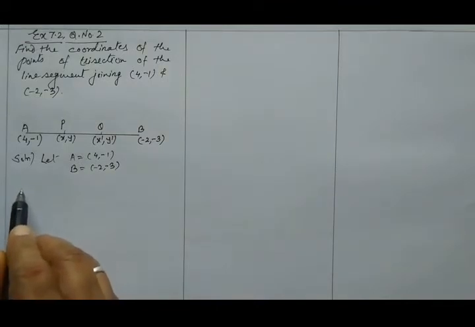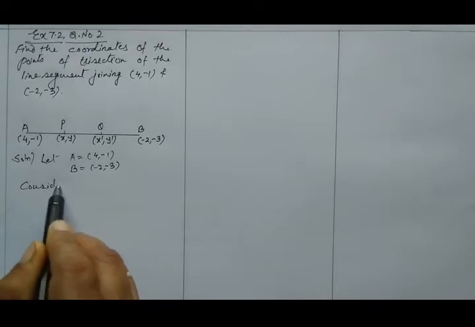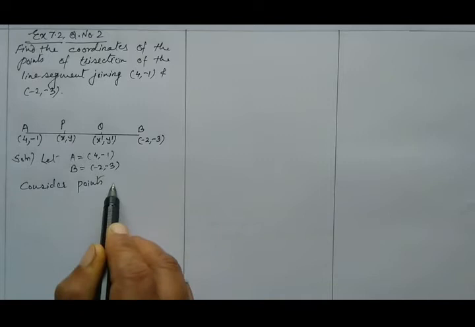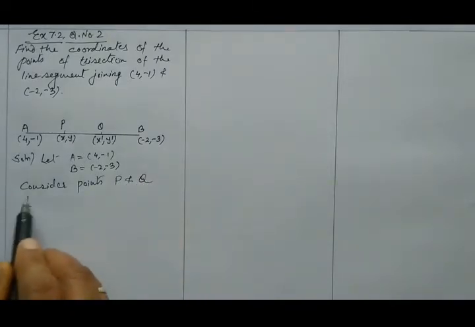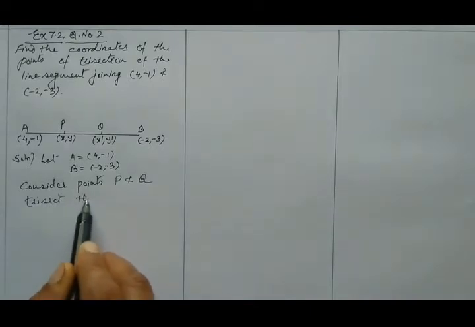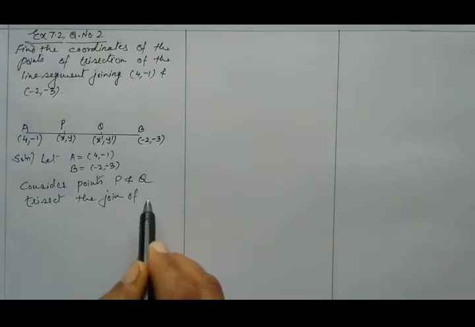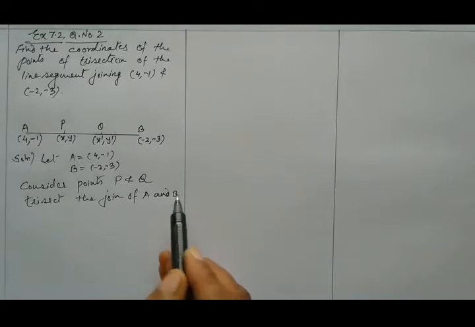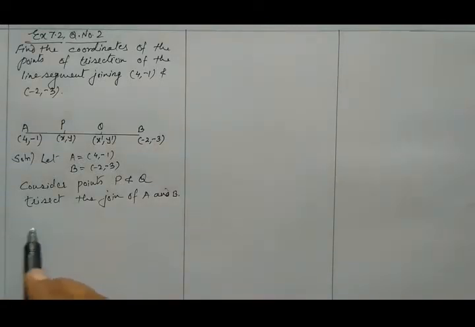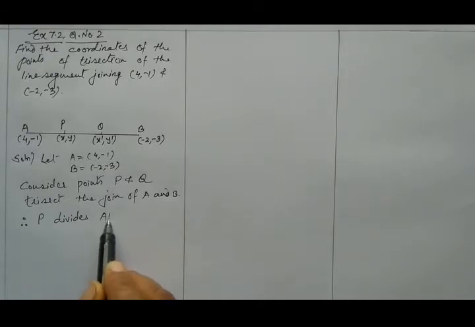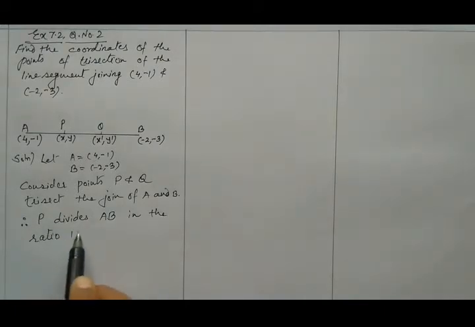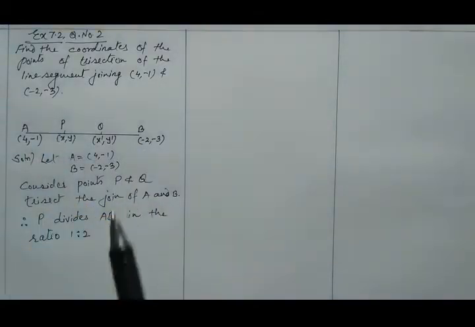Okay, consider points P and Q trisect the join of A and B. Therefore P divides AB in the ratio 1 is to 2. Okay, P divides AB in the ratio 1 is to 2.